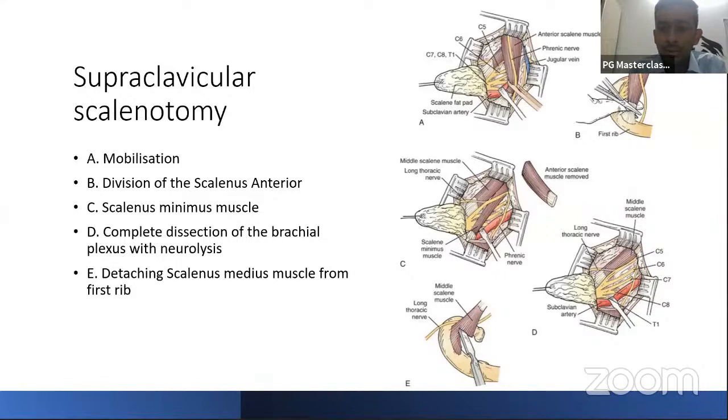See, scalenotomy is usually done if the patient does not have a cervical rib, and if you have done MRI or CT scan and the patient has a history of repeated Raynaud phenomena, then on suspecting that the scalenus muscle is creating the problem, scalenotomy is done specifically when there is no cervical rib. Yes, ma'am. Specifically, as you mentioned, in absence of cervical rib, but in presence of cervical rib, this may be an initial step to approach the cervical rib also.